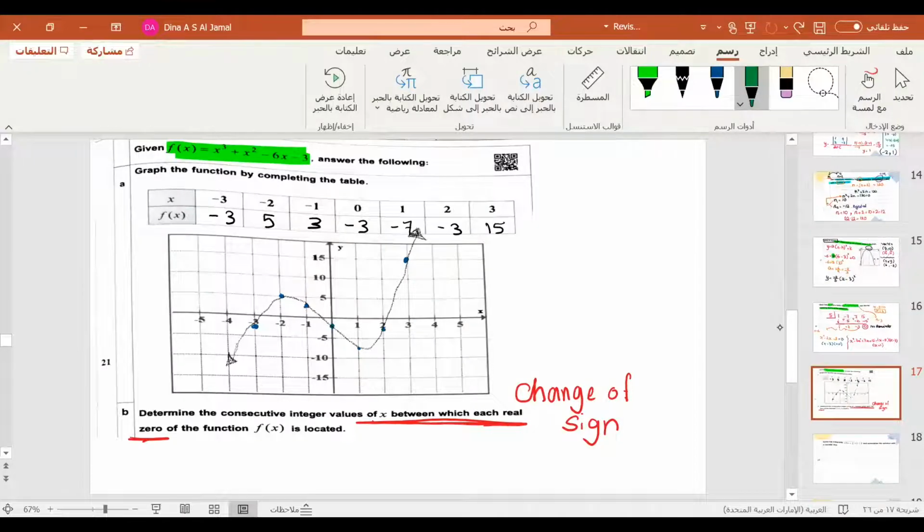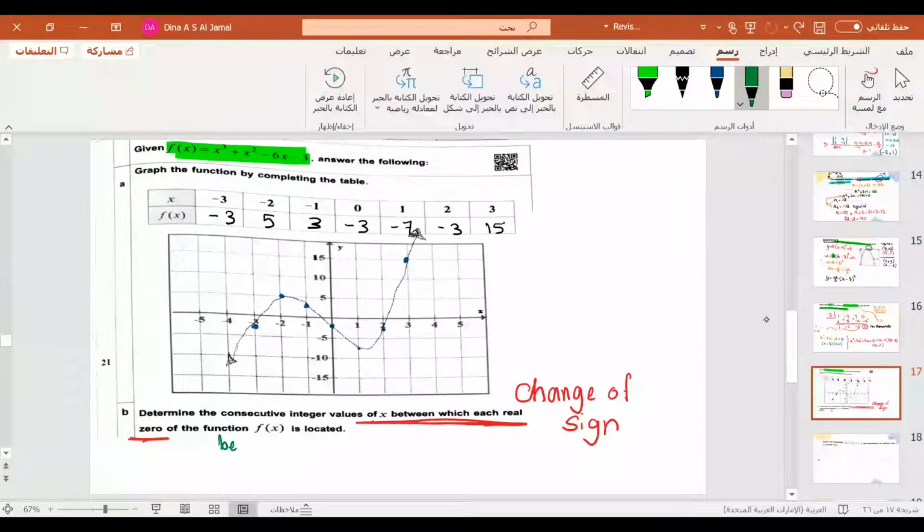So look at the change of the sign. You will notice that you have an x-intercept between here and there because you are having a change in the sign.